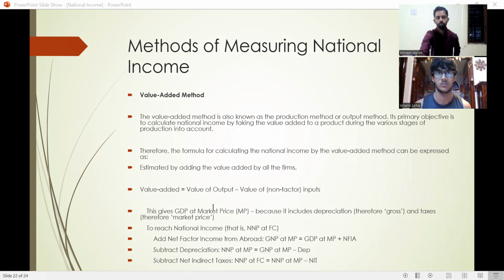So GDP at market price, which is the value added, plus net factor income from abroad, minus depreciation and minus net indirect taxes, is equal to the value added factor method. NFIA is net factor income from abroad.